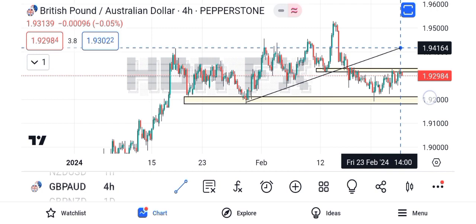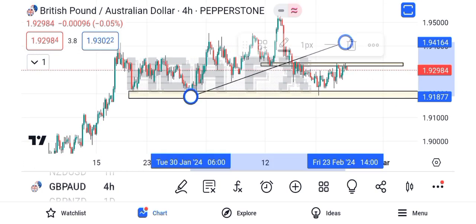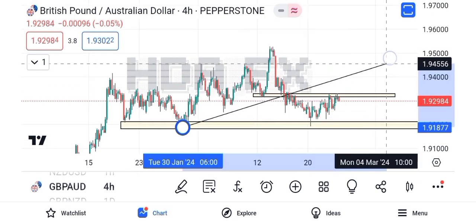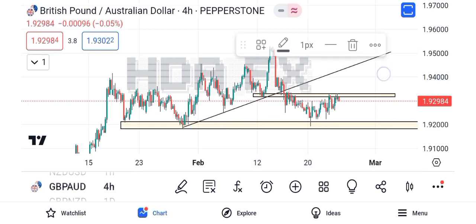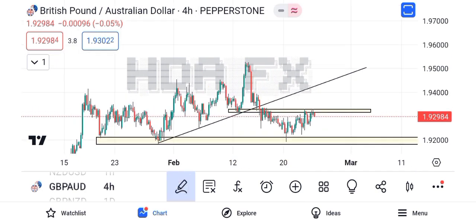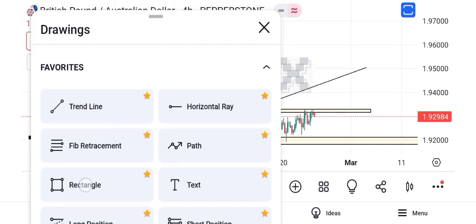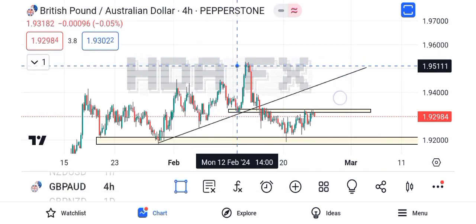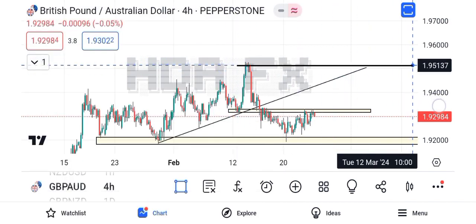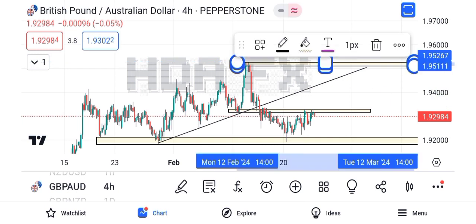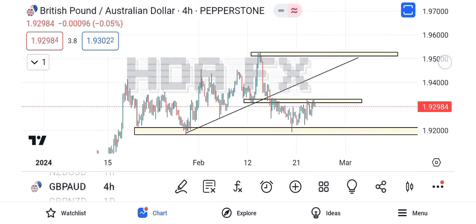And also another key zone here. So we have these key zones here.